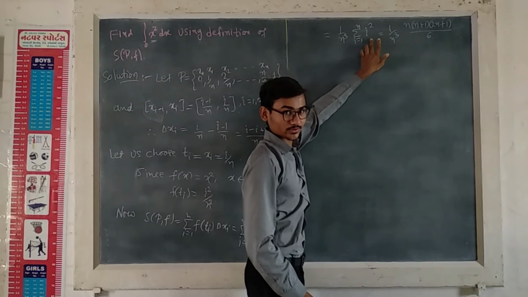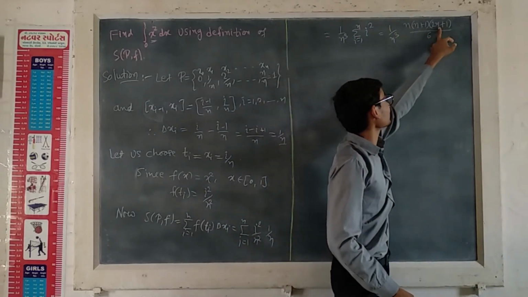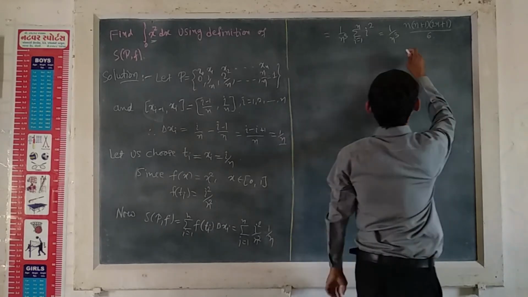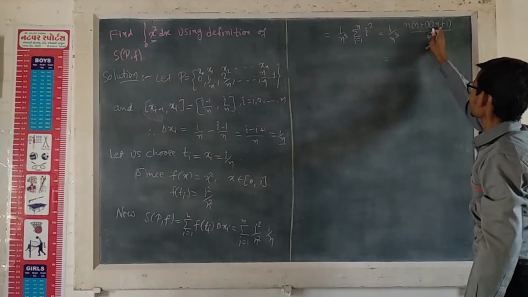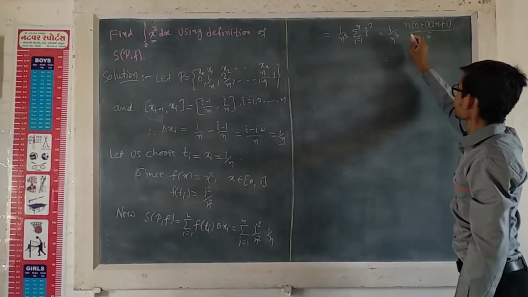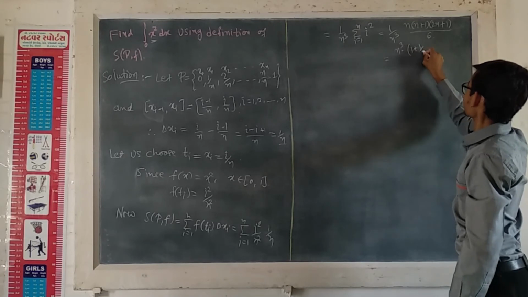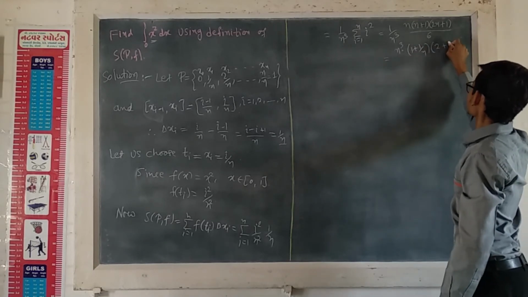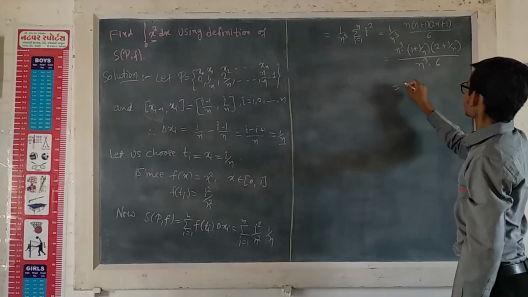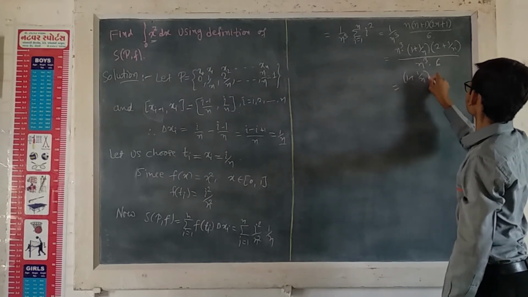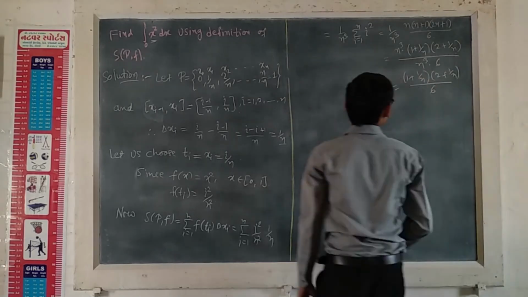So what happened? n cancels, a common n comes out, one n cancels, and we get 1 plus 1 upon n, 2 plus 1 upon n, divided by 6.